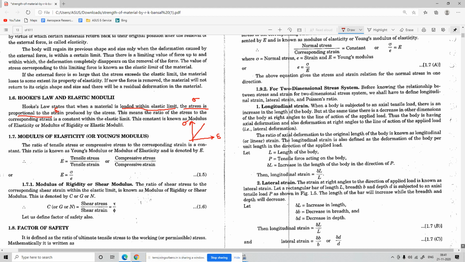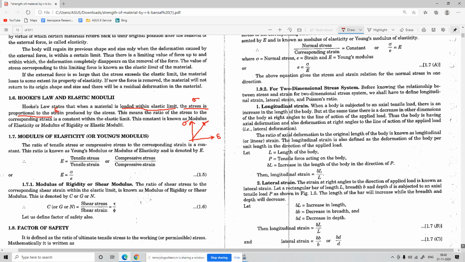But after this point, by increasing the load, the deformation will exceed the elastic limit, and that will no longer belong to the property of elasticity. Did you get my point?